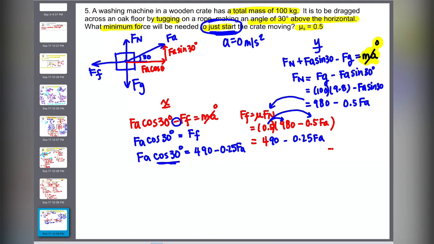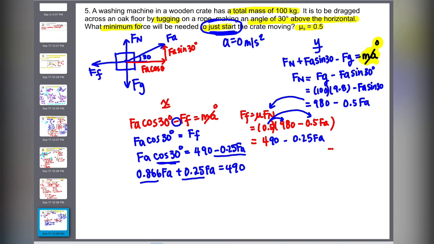All right, collect your like terms. This really is just a number, right? So if you want to expand it out, cos 30 is 0.866. So this one is 0.866 FA. Bring my other FA to the other side. Collect your like terms.